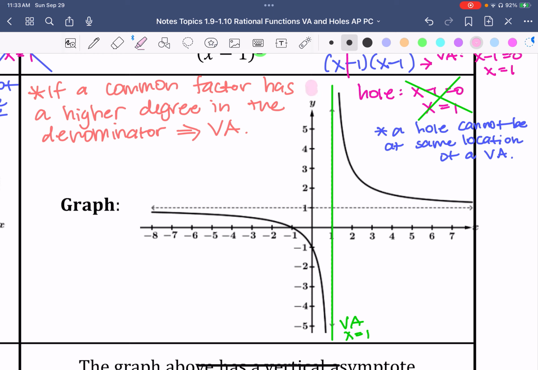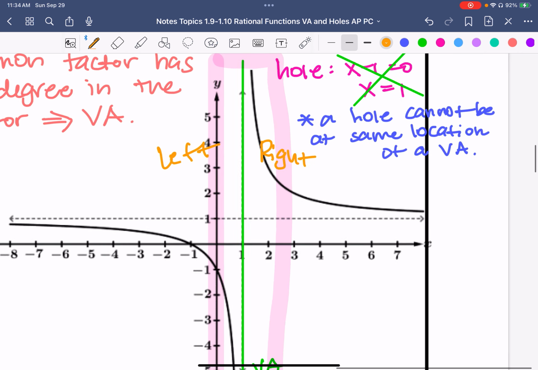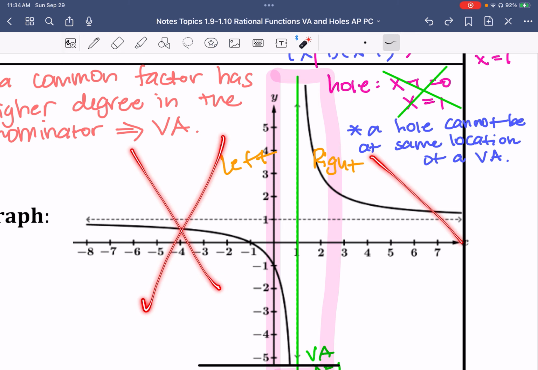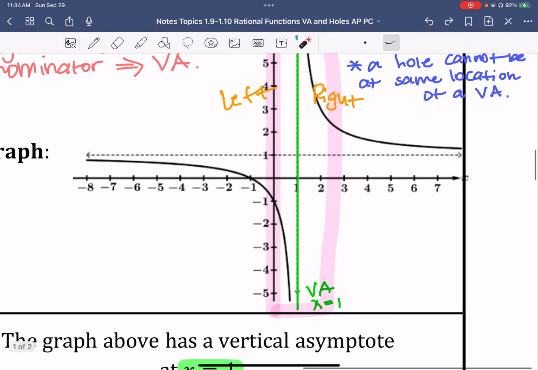I want to be immediately to the left, like right here, and immediately to the right, like this. So you don't want to focus on any of this over here or over here. You want to zoom in exactly to where x equals 1.